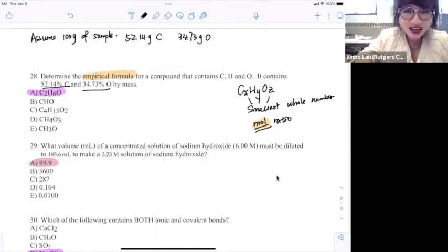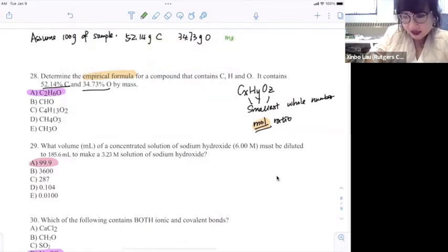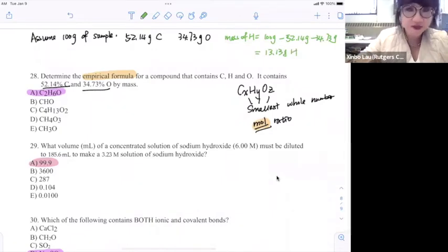The mass of hydrogen simply should equal 100 gram minus that 52.14, and then subtract the 34.73. Do this calculation, and we'll get 13.13 grams of hydrogen.